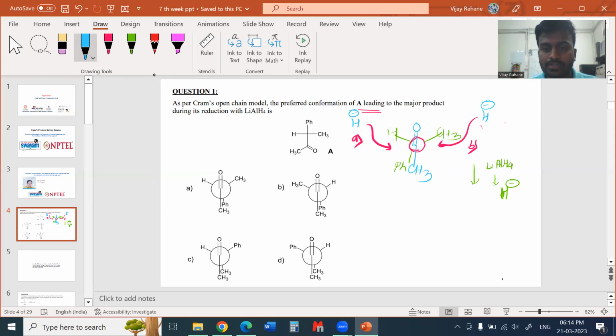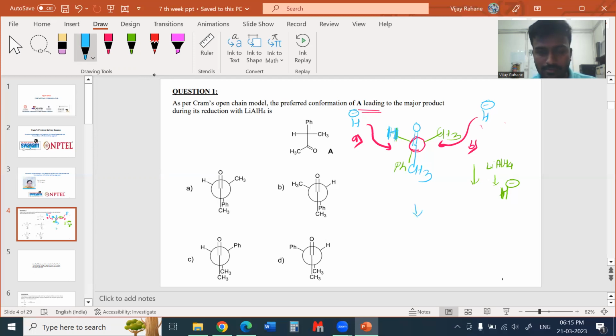But compared to the hydrogen on the left side, path A is the preferred one, because if the attack takes place from this path, the steric hindrance due to the hydrogen is less as compared to this bulky methyl group. Also, while drawing, we have kept the most bulky group on the opposite side from the carbonyl group. This we need to keep in mind.